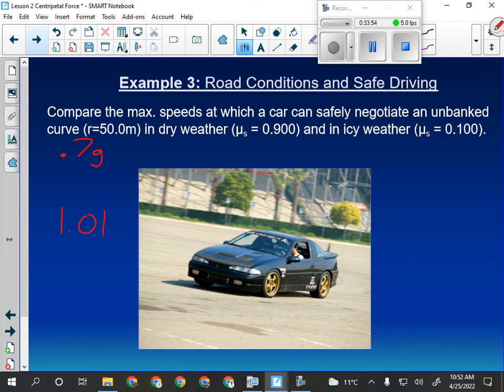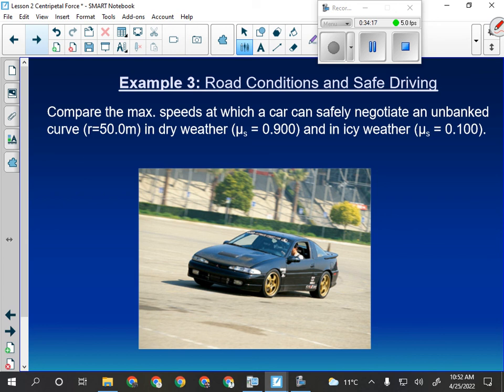All right. So let's compare the maximum speeds at which a car can safely negotiate an unbanked curve, one in dry weather and one in icy weather. In icy weather, our coefficient of static friction is 1/9 what it is in the dry weather.